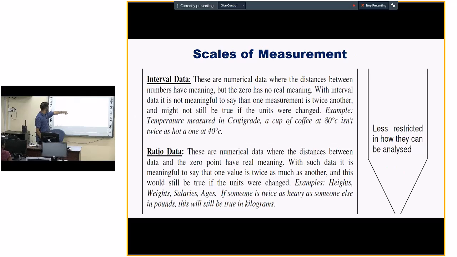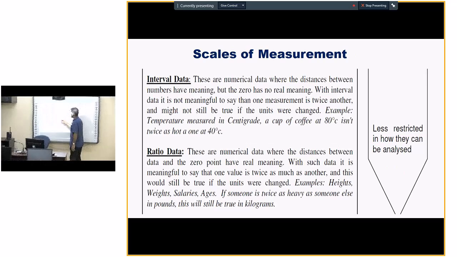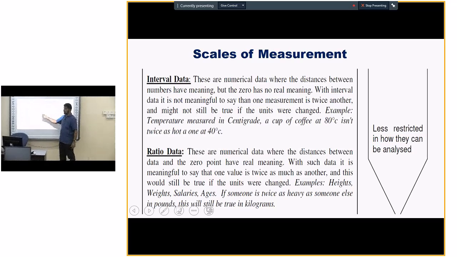A cup of tea at 80 centigrade isn't twice as hot as a cup at 40 centigrade. Now you can clearly identify that we cannot prepare a ratio by using these two figures. That is not reasonable. That is not meaningful. That is the nature of interval level data.